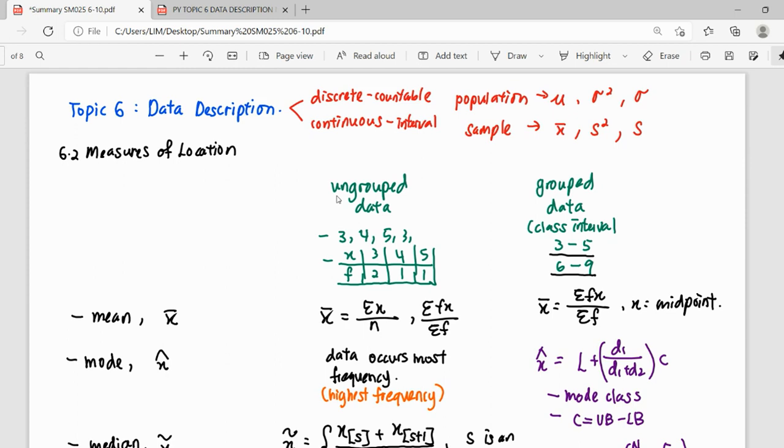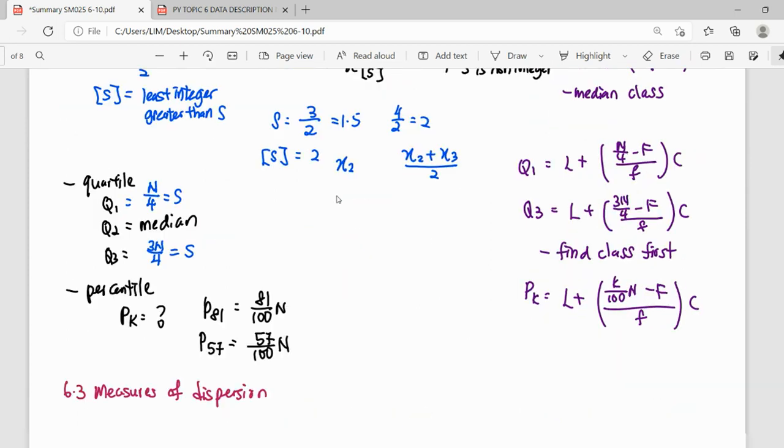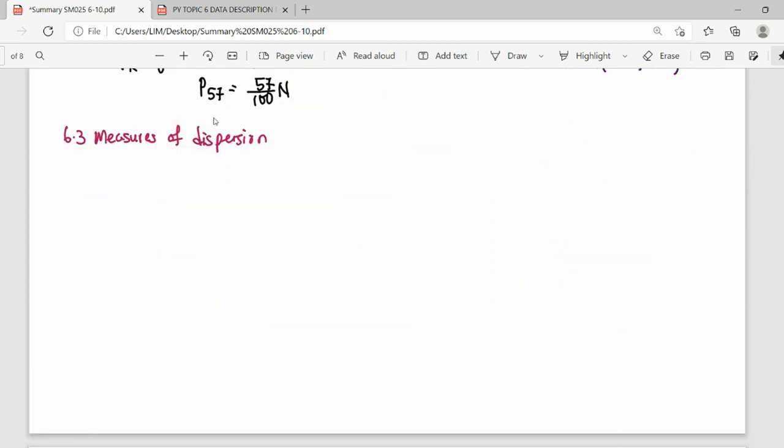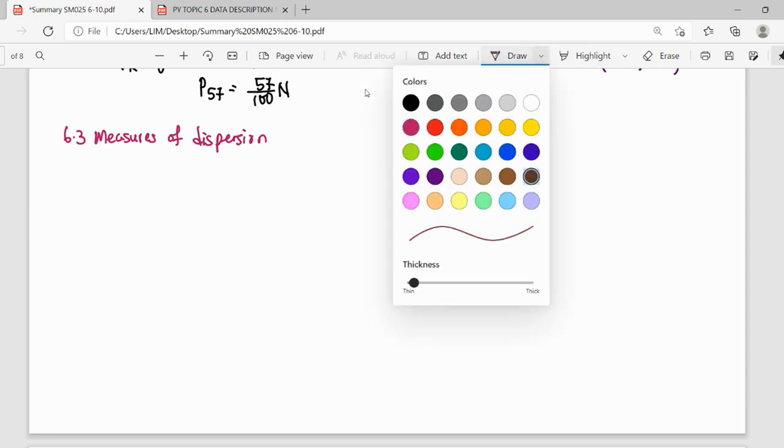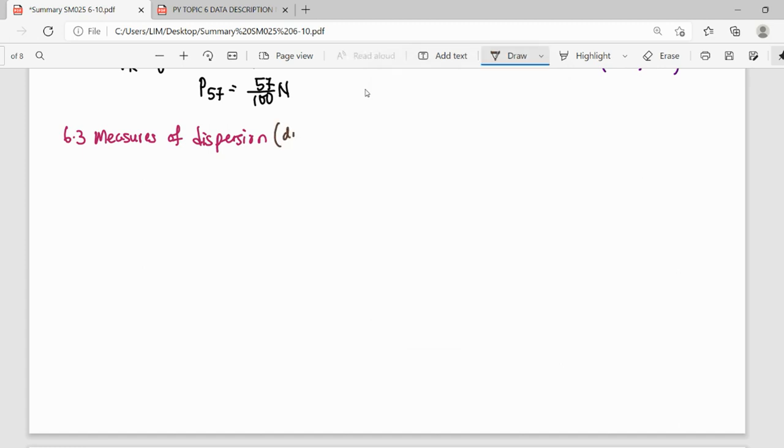Then only you can find out what's the data that holds for that location. But when we go for measurement of dispersion, you're going to calculate the difference between the data. Their differences. How they vary. Macam mana mereka berbeza antara sesama sendiri.